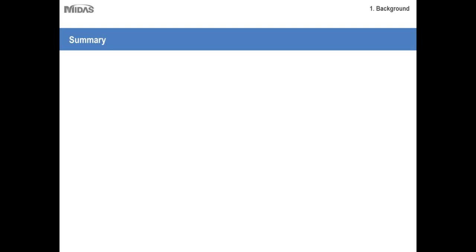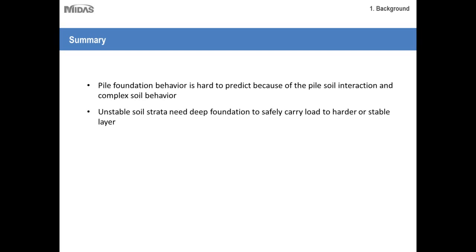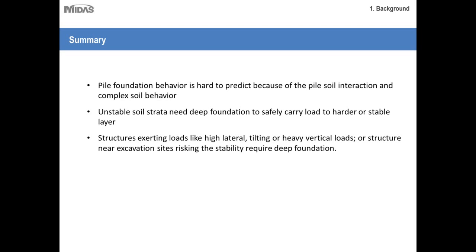So this brings us to the end of chapter 1, and let's quickly summarize what we learned today. Pile foundation behavior is hard to predict because of the soil-pile interaction and the complex soil behavior. Unstable soil strata need deep foundations to safely carry load to a harder or stable layer. Structures exerting loads like high lateral load, tilting, or very heavy vertical loads, or structures near excavation sites risking stability, require deep foundation.